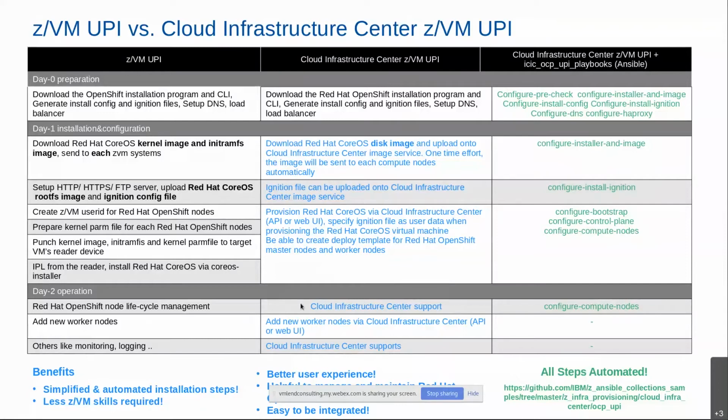Also, because Cloud Infrastructure Center provides an OpenStack-compatible API, it is very easy to integrate into other solutions. What's more, as shown in the third column in this table, we also implemented a collection of Ansible playbooks to help automate all the steps in z/VM UPI.